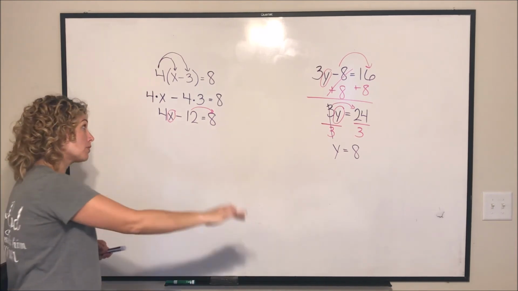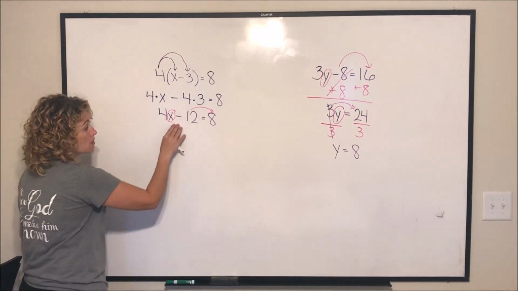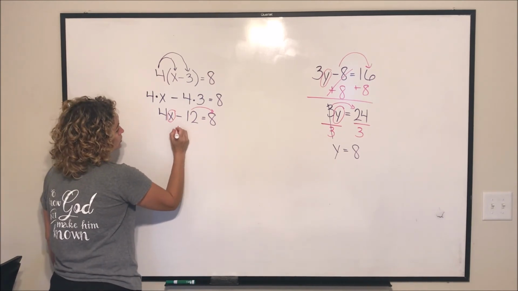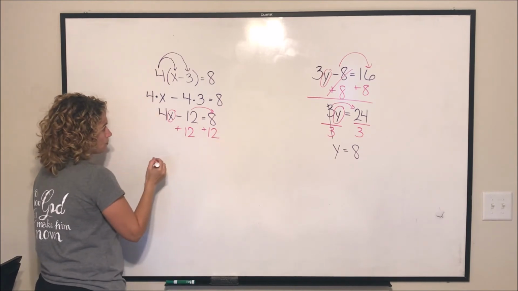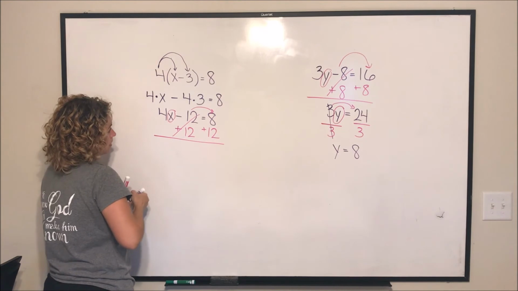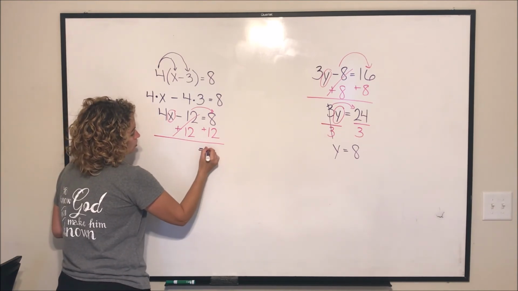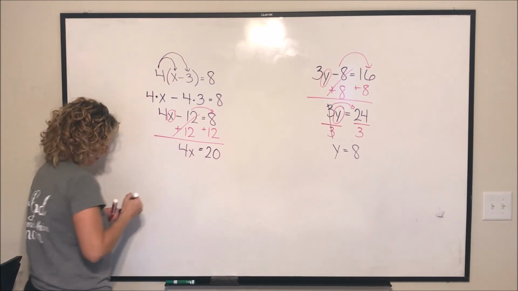We're going to first move the aunts and uncles. They're going to cross the road and go back home. To do that, we do the opposite. The opposite of a minus 12 is a plus 12 to both sides. Okay. When we do that, those 12s cancel out. We're left with 20 on this side and 4x over here.